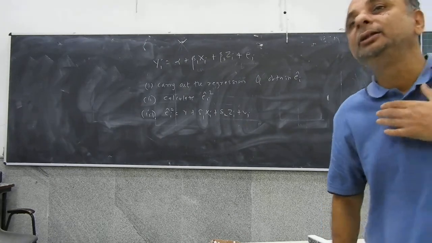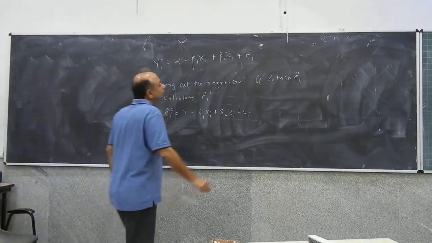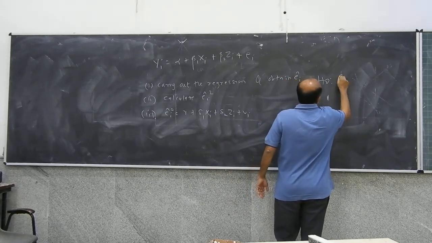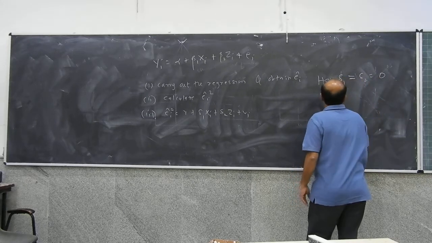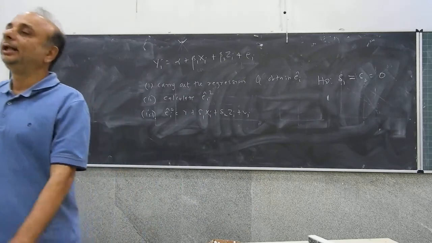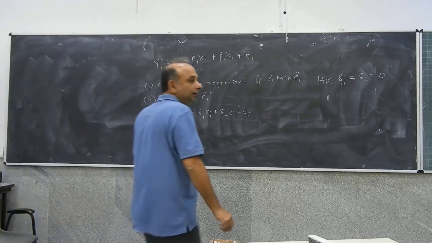So the null hypothesis that there is no heteroscedasticity boils down to testing H naught: delta 1 is equal to delta 2 is equal to 0. Right? Okay?